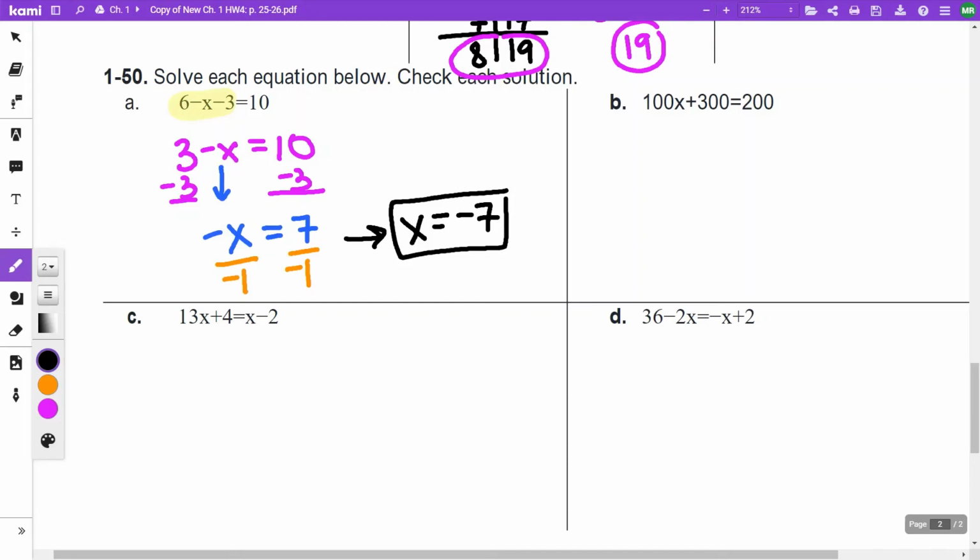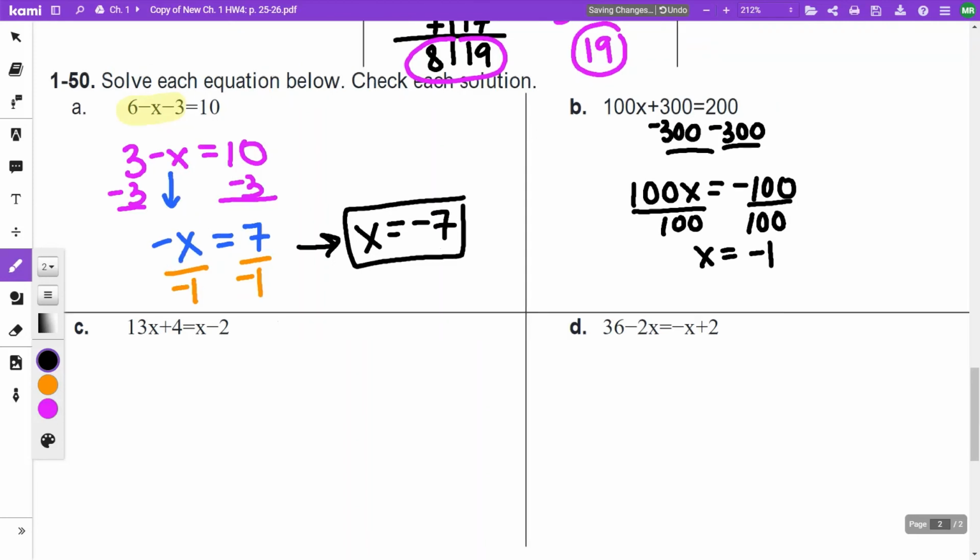On the next one, I am going to minus 300 from both sides. And I get 100x is equal to a negative 100. I divide by 100, I divide by 100, and I get x is equal to negative 1.